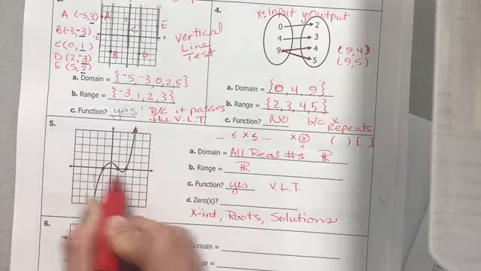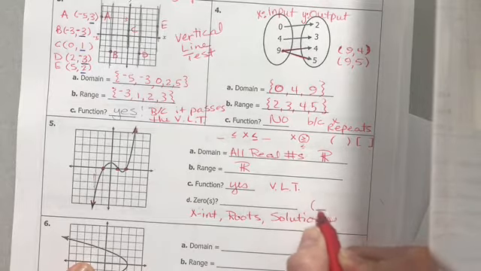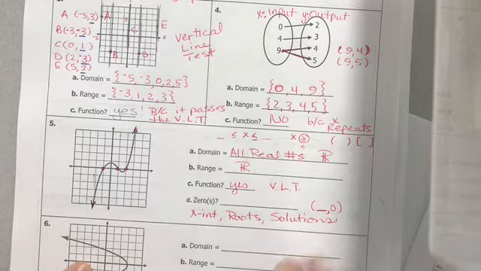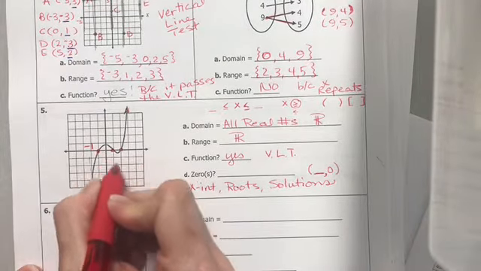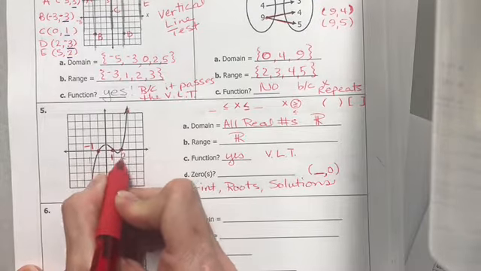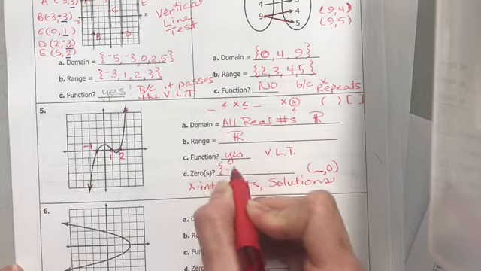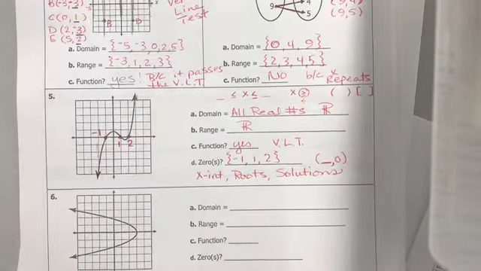X-axis, my zeros, I know that the ordered pair for those is I'm looking for my x when y is 0. So here's one at -1, here's one at 1, and here's one at 2. So I have 3 zeros. I have -1, 1, and 2. And that's it. All right?